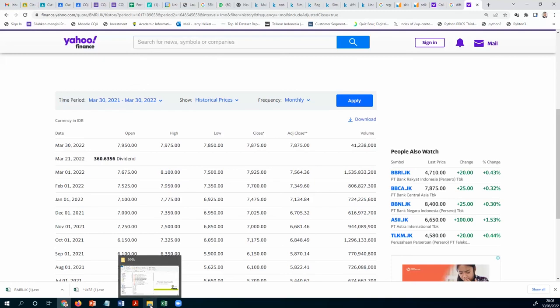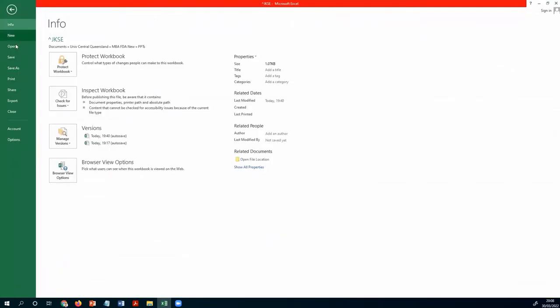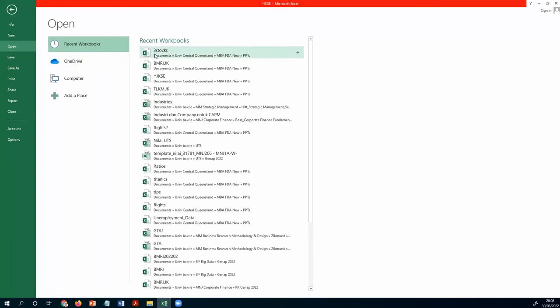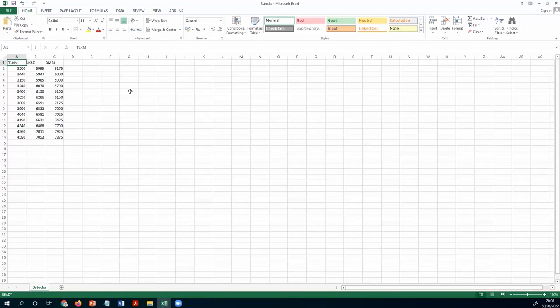So let's open Excel. Open file. I already have the data. Okay, this is the close price of the data.